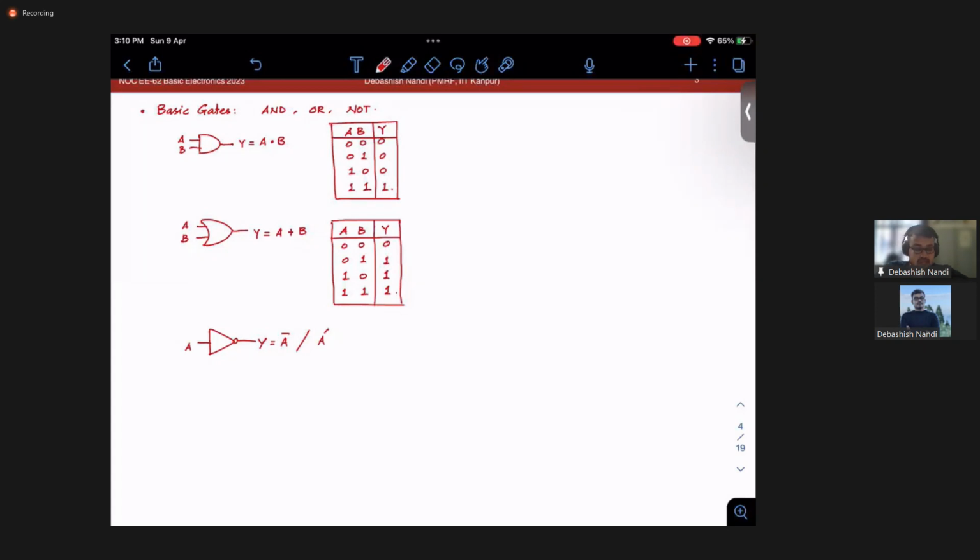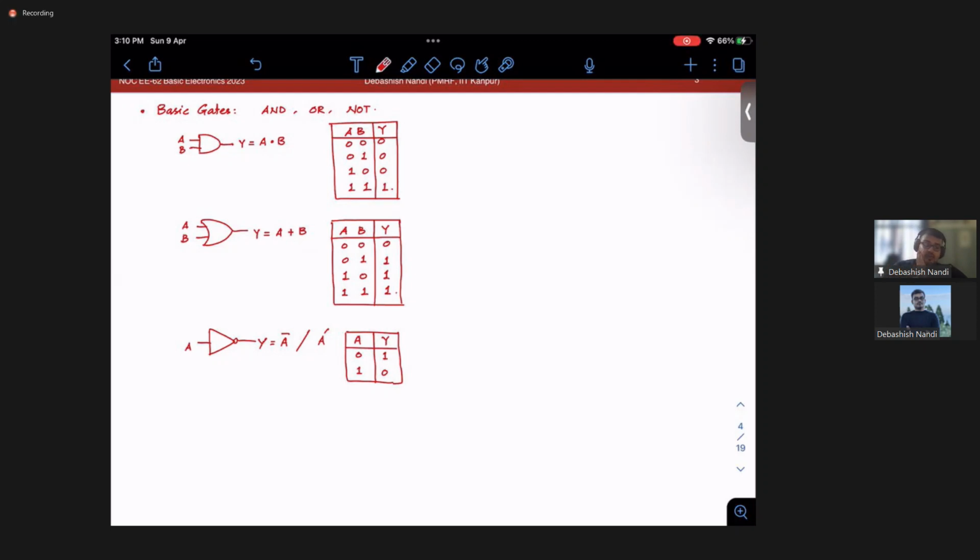Either we use the negation sign or we use a bar, right? So what is the truth table? The truth table is something like this. It just inverts the signal, right? So these are the basic three gates.